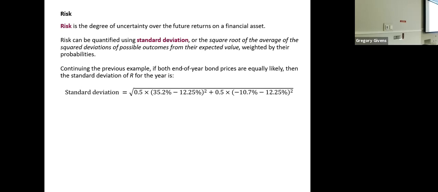The squared difference between the high return and its expected value, and the low return and its expected value, where you weight this average by the likelihood of each of the two events, so 0.5 and 0.5, okay? Now, the reason why we chose these numbers is because it turns out that the deviation here is the same from the expected value for both the high and low return, so that when you calculate the standard deviation, you get exactly 22.95 percentage points.